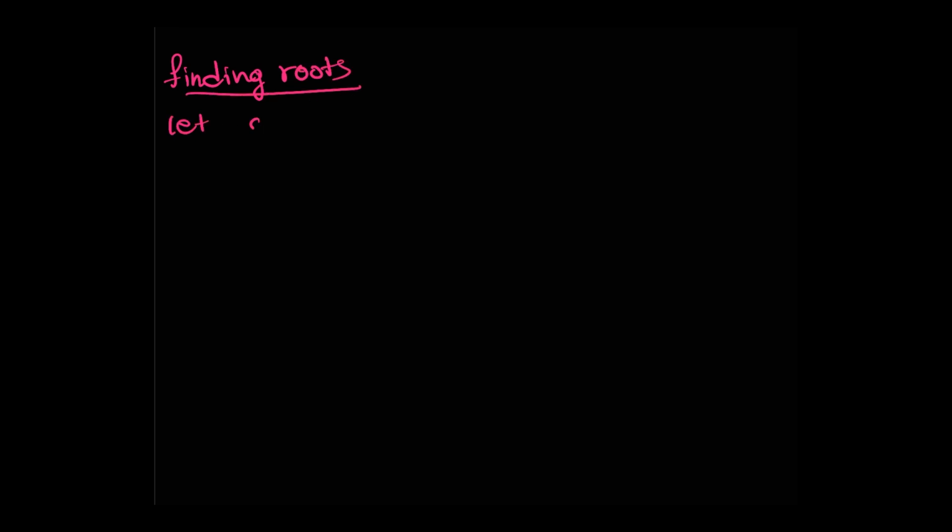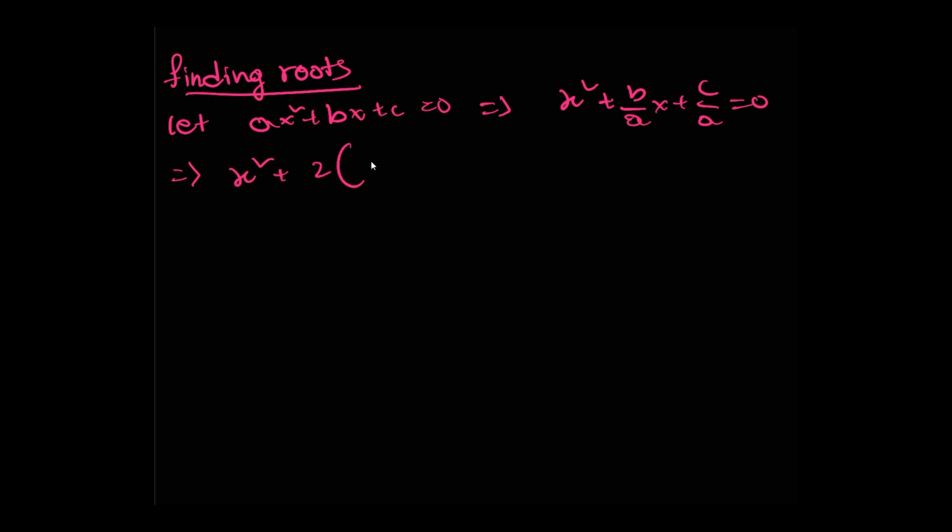Let ax square plus bx plus c equals to 0 be our quadratic equation. Now, this can be written as x square plus b by a x plus c by a equals to 0, just by dividing the whole equation by a. Now, this can be written as x square plus 2 times b by 2a of x plus c by a equals to 0.